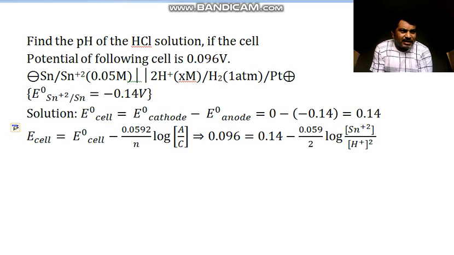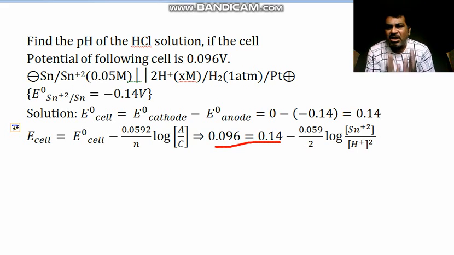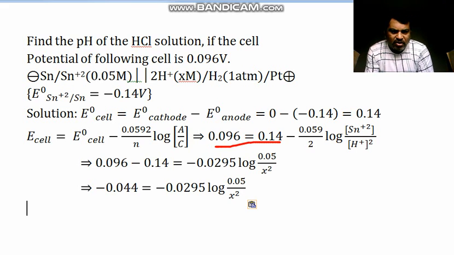In the calculation, first of all, dear students, the 0.14 that we have will be subtracted from 0.096. So we have to do that first. See what is happening here. 0.096 minus 0.14 I have done.